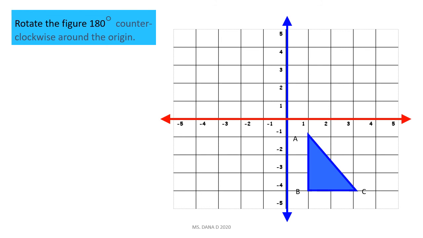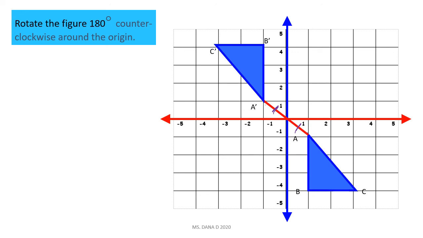So I'm going to join O to A, and complete my angle to form a straight one and plot A prime. I cannot plot A prime anywhere, no, it should be OA equals OA prime. The same thing I should be doing for B and for C. So I will obtain these ones.